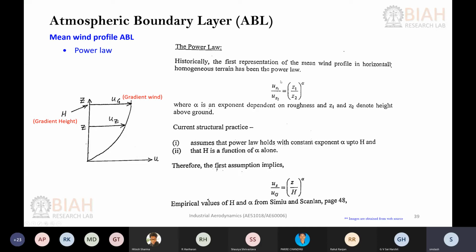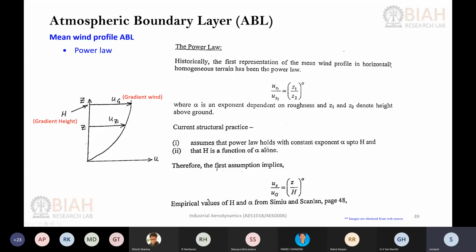So here this is the governing equation: u(z1) by u(z2) at two different heights. z is your height from the ground surface, that can be related as z1 by z2 raised to an exponent alpha. Okay, so this equation is only valid if you satisfy these two conditions, or these are the assumptions for this equation, you can say in other words.